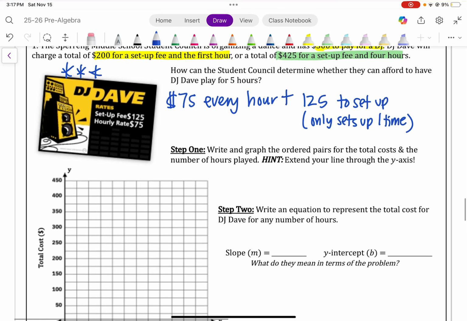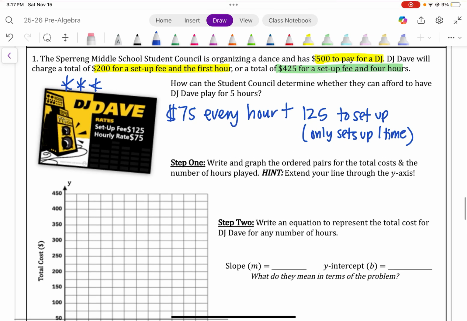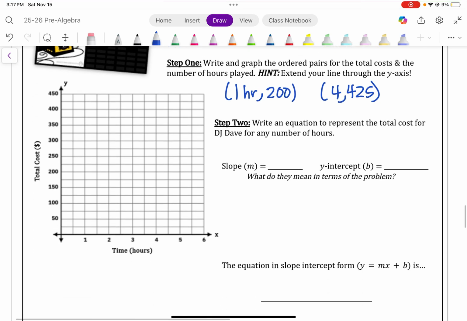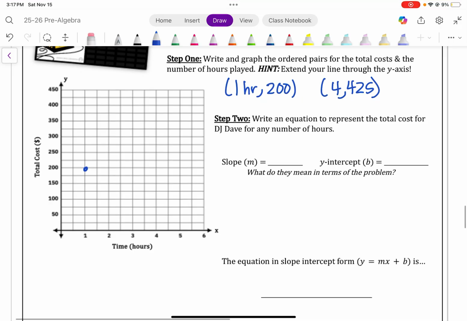Okay, so I can see that if they have DJ Dave for 1 hour, it's going to cost $200. And if they have him for 4 hours, it's $425. So (1, 200) and (4, 425).